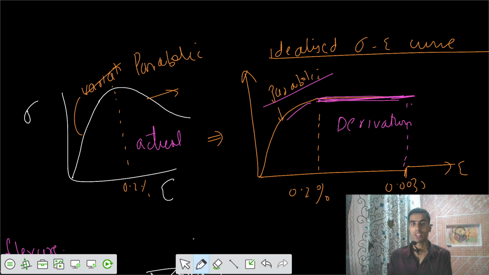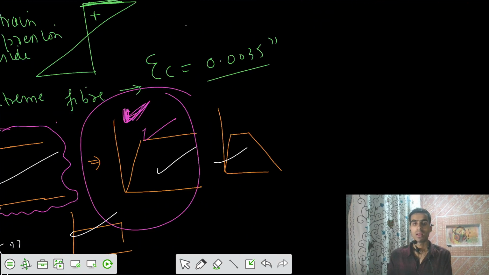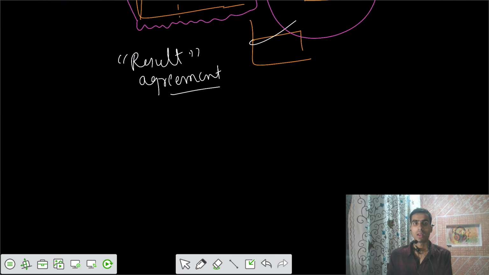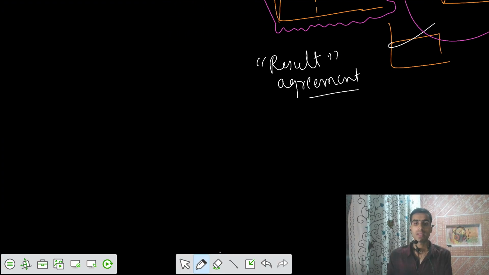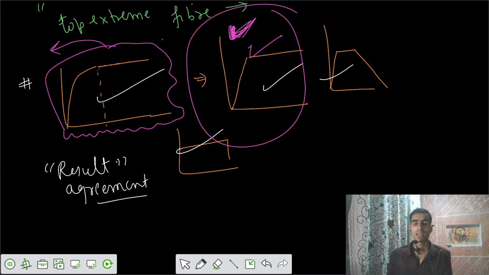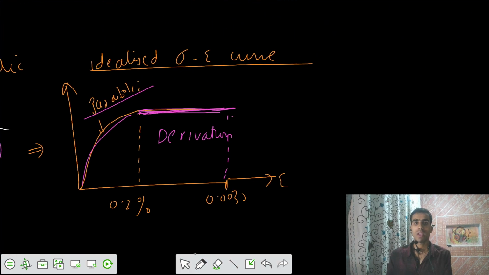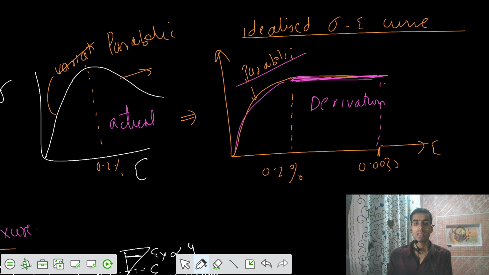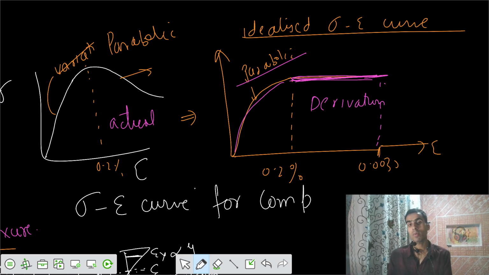The initial part is parabolic, and after that we have a straight line. So this is the stress strain curve for the compression test on concrete.